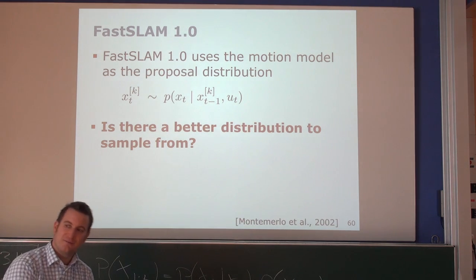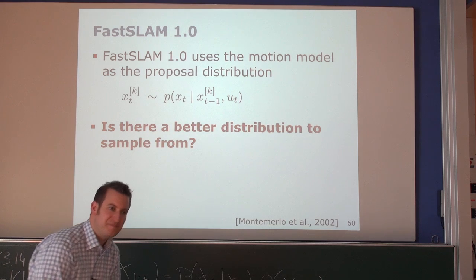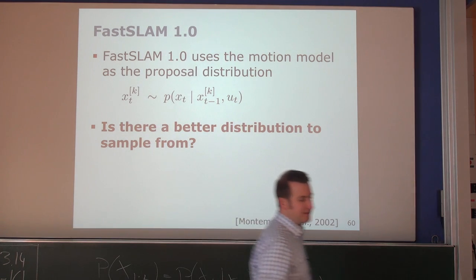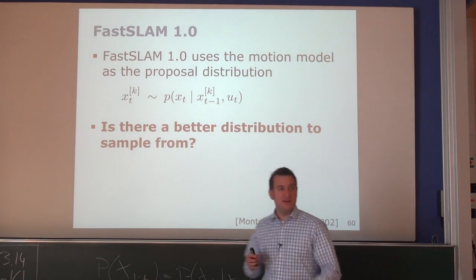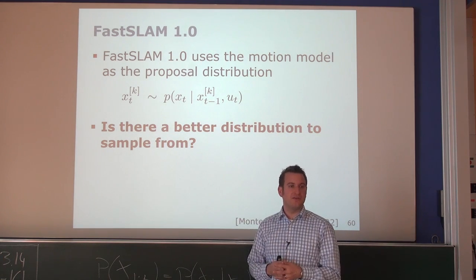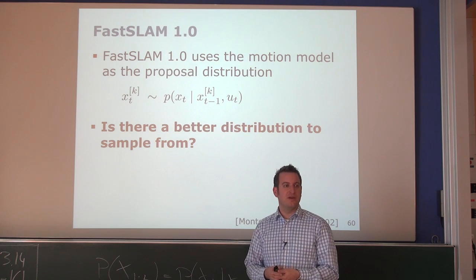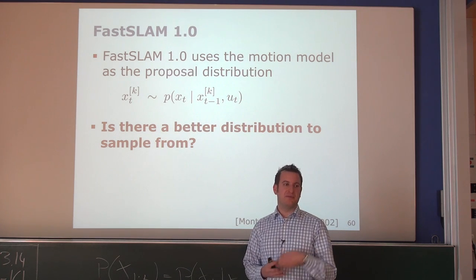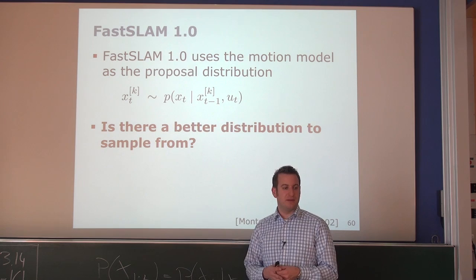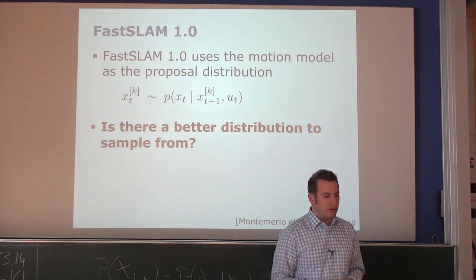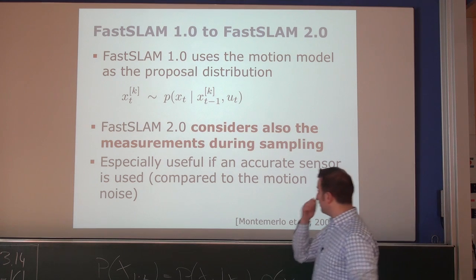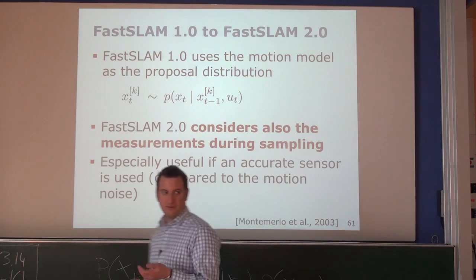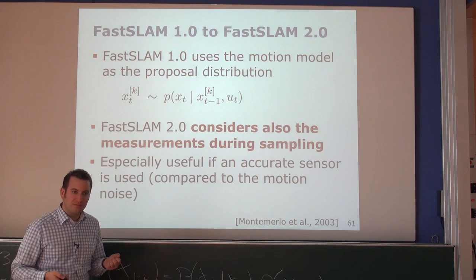Scan matching, maybe? Okay, so the idea was that if we have accurate sensor information, just by aligning sensor scans, like laser range scans, we actually get a much better pose estimate than using just the odometry information. So what FastSLAM 2 does is it also considers the measurements in the proposal distribution.